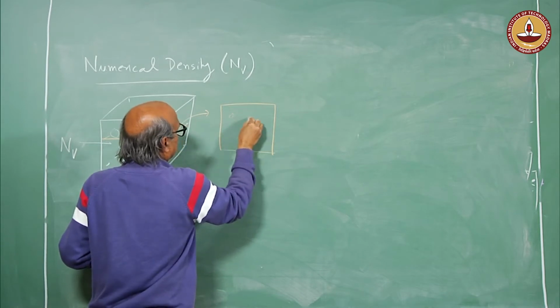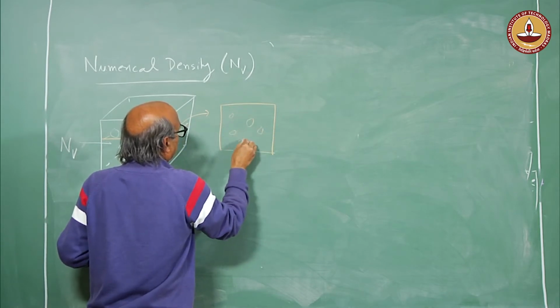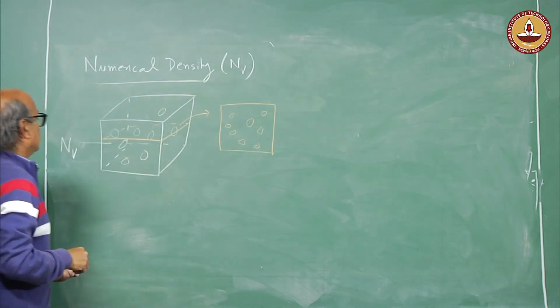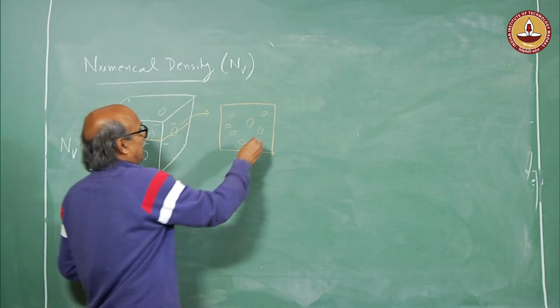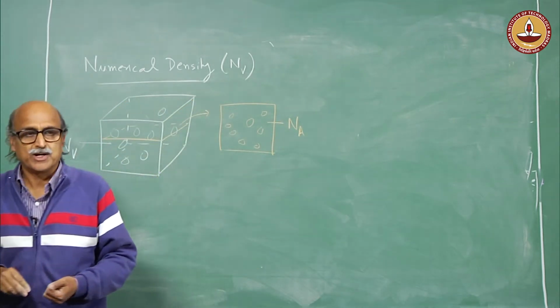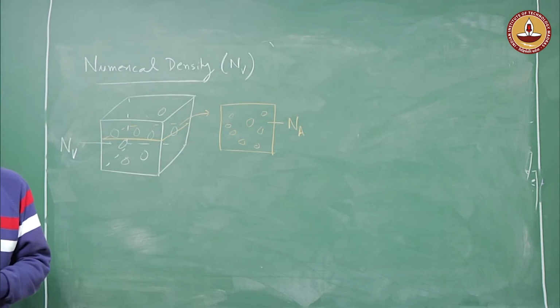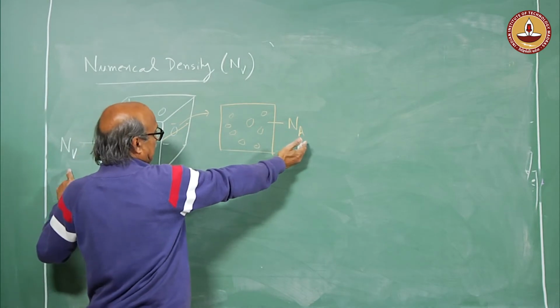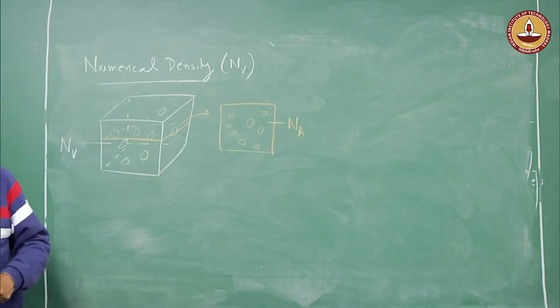I get these section profiles of these particles, and here I can measure N A, number of particles per unit area. What is the relationship between N A and N V?